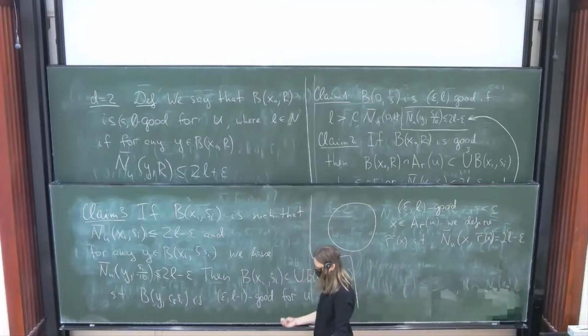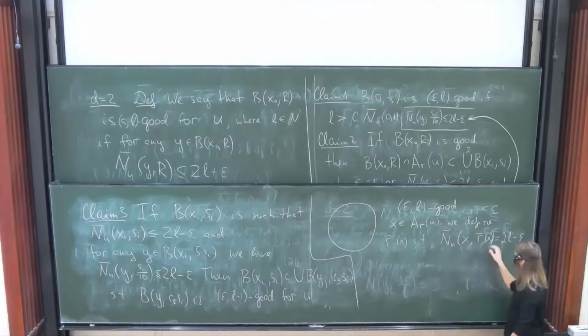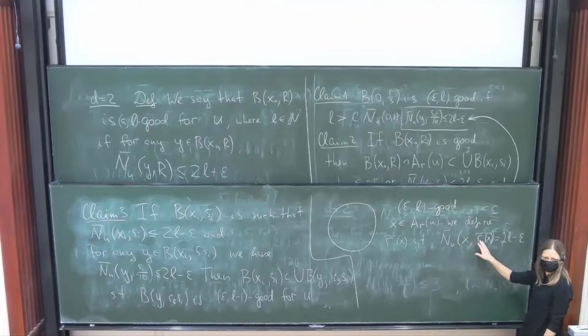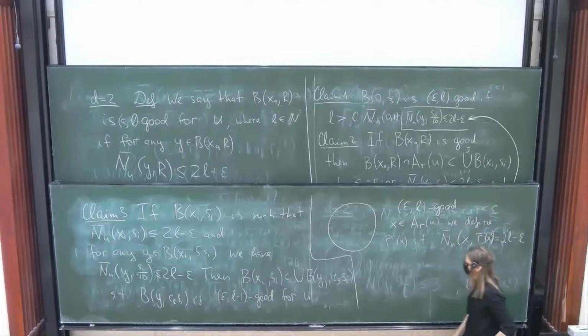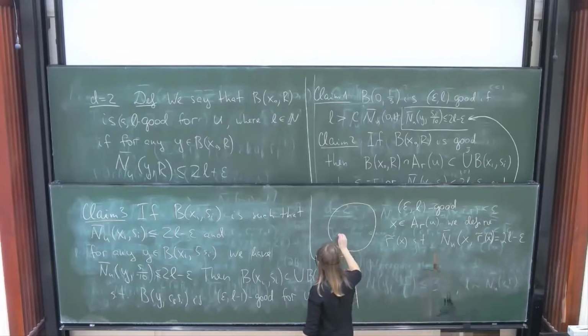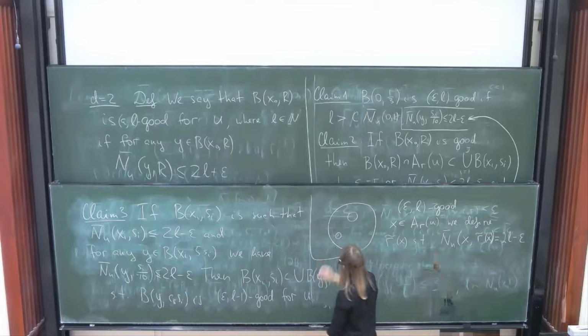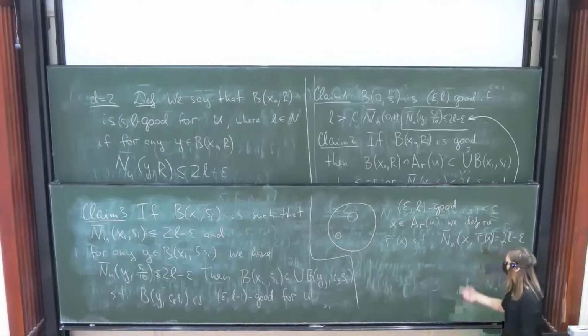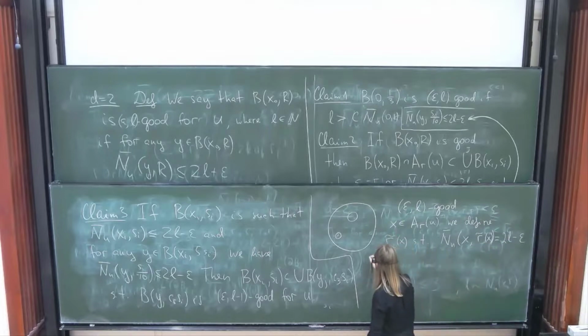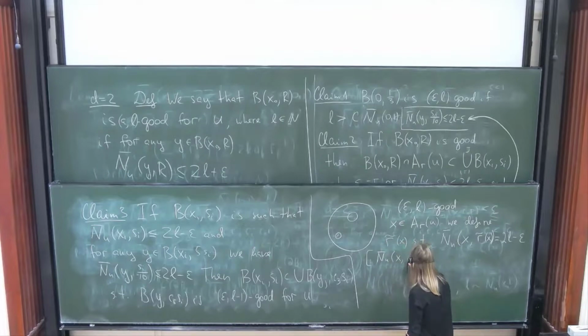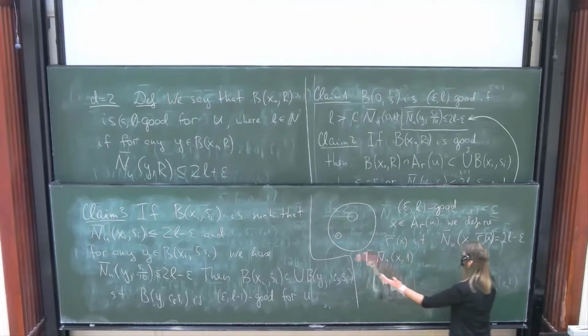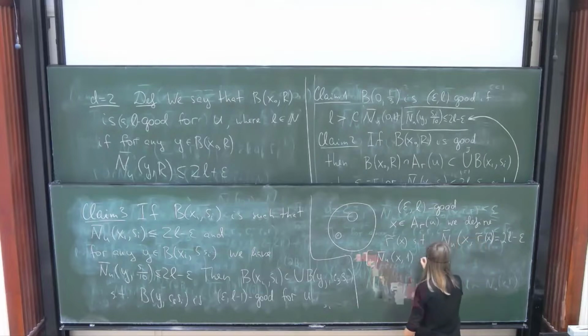I know it's a continuous function, it's not a constant in an interval, otherwise my function would be a polynomial. So there is one particular radius where I reach this one. So at each point we look how small we should go for our frequency to drop to L minus epsilon. Since our ball was good, we know that, realizing everything to scale 1, this was bounded by 2L plus epsilon.